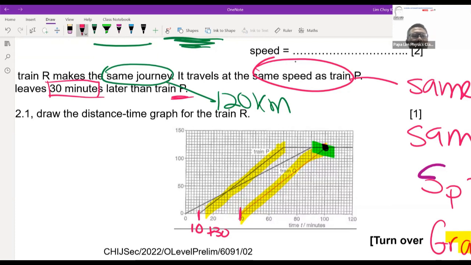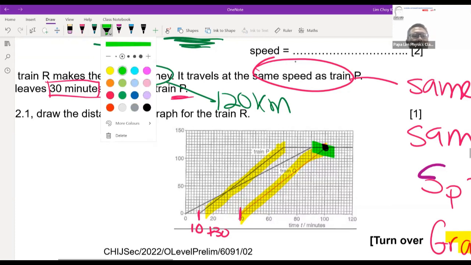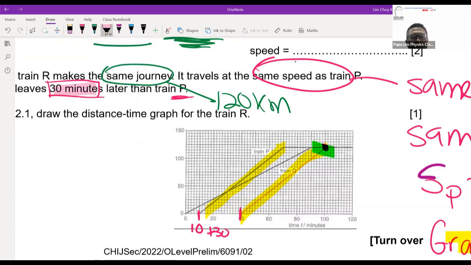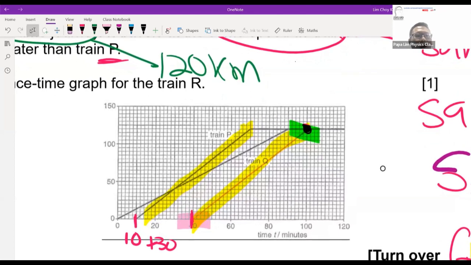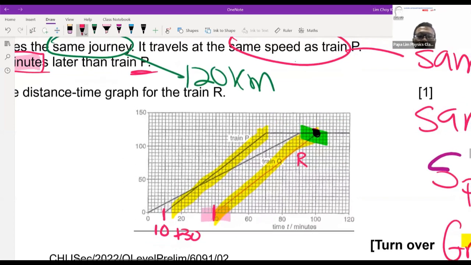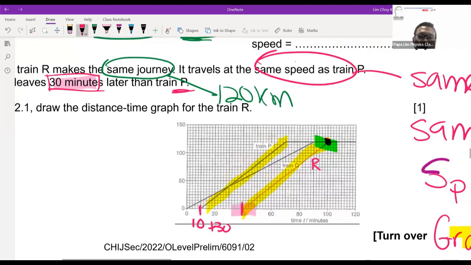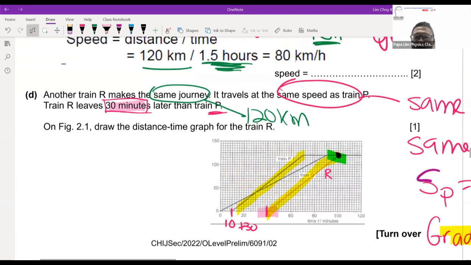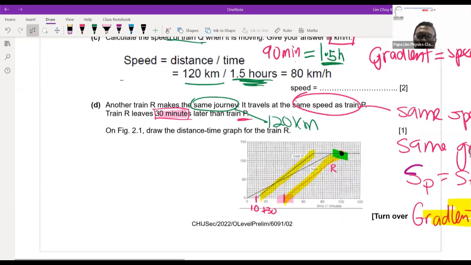With these three conditions, you will find that the only line that satisfies them is this particular line. This will be the distance time graph for R that satisfies all three conditions: reaches 120 kilometers, same speed, also known as same gradient, and 30 minutes later.